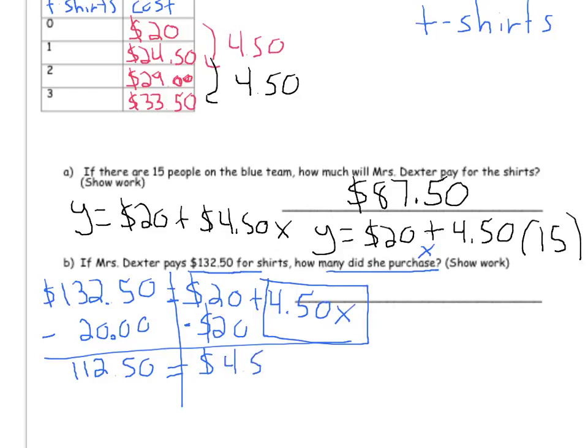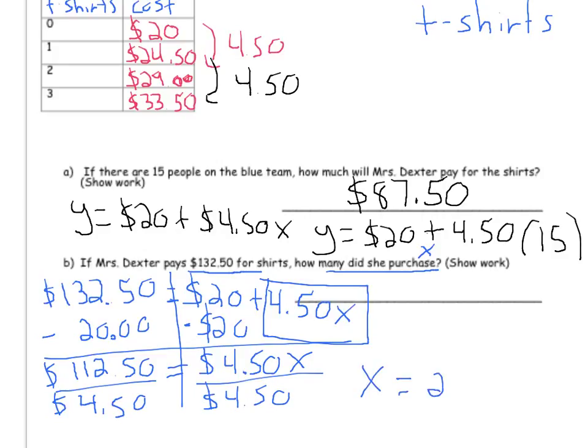So it's $4.50 per class, so we're going to divide up the $4.50 to see how many $4.50s we can fit into that $112.50. And when we divide that out, we end up with an answer of x equals 25. So the number of shirts is going to be 25 shirts. I'm sure I just said classes a minute ago thinking of the previous problem, but x equals 25.